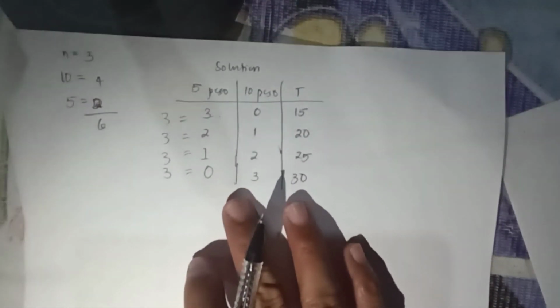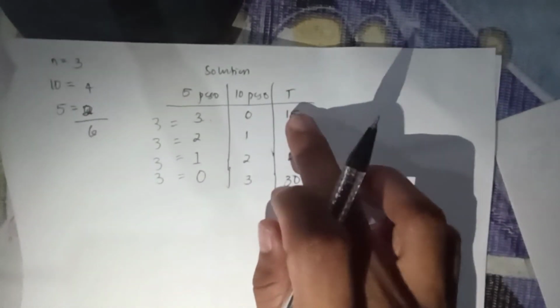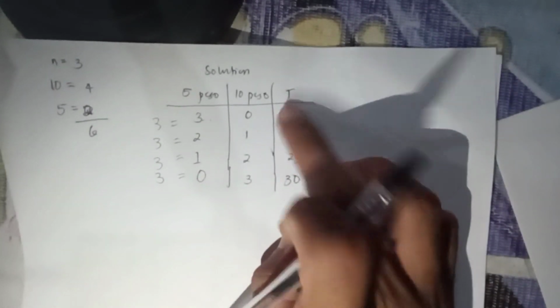Then after that, you need to find the probability distributions of the following: 15, 20, 25, and 30. So P(T = 15), your T here equals 15.